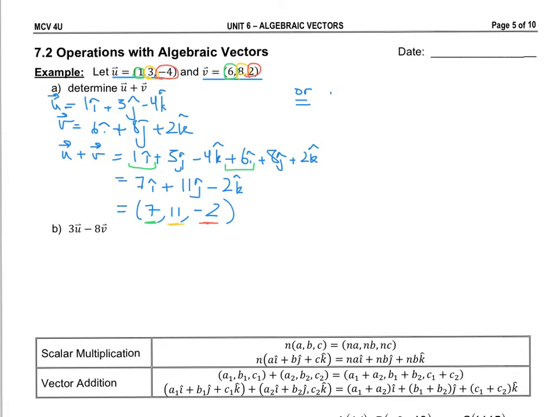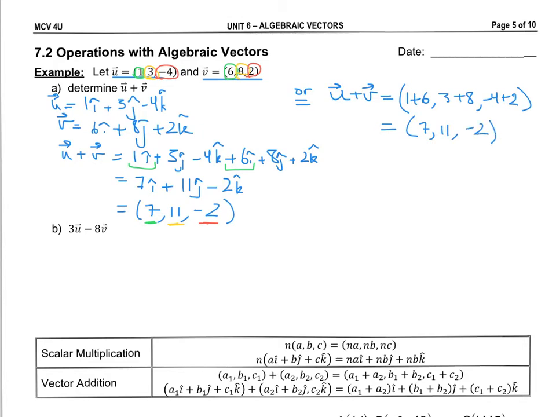So quickly then, our vector u plus vector v really will just get us our new vector by doing the sum of the components here. So 1 plus 6, 3 plus 8, and then negative 4 plus 2. So that's the more efficient way to do this, which gives us the 7, the 11, and the negative 2.